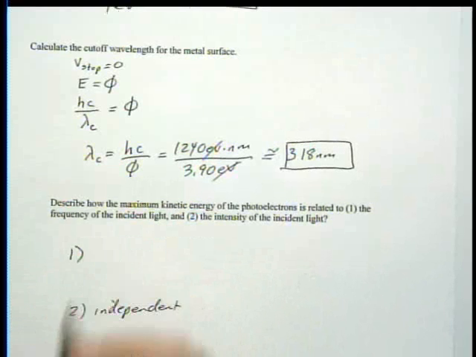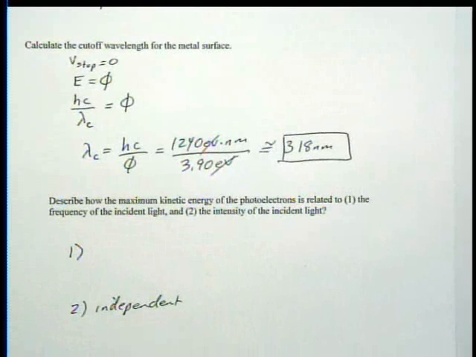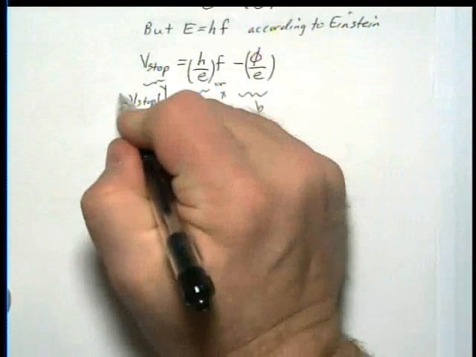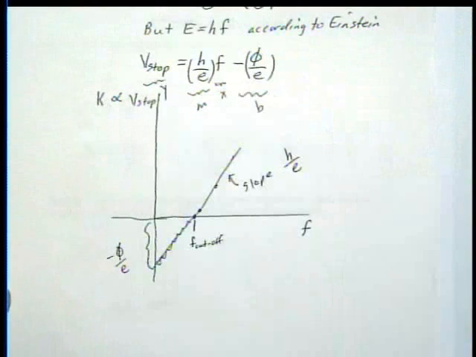Number 1, how's it related to frequency? By the straight line. Because kinetic energy is related to the stopping potential. And we just got through deriving a minute ago that we had a straight line for that. I'll put my graph. That's proportional to kinetic energy.